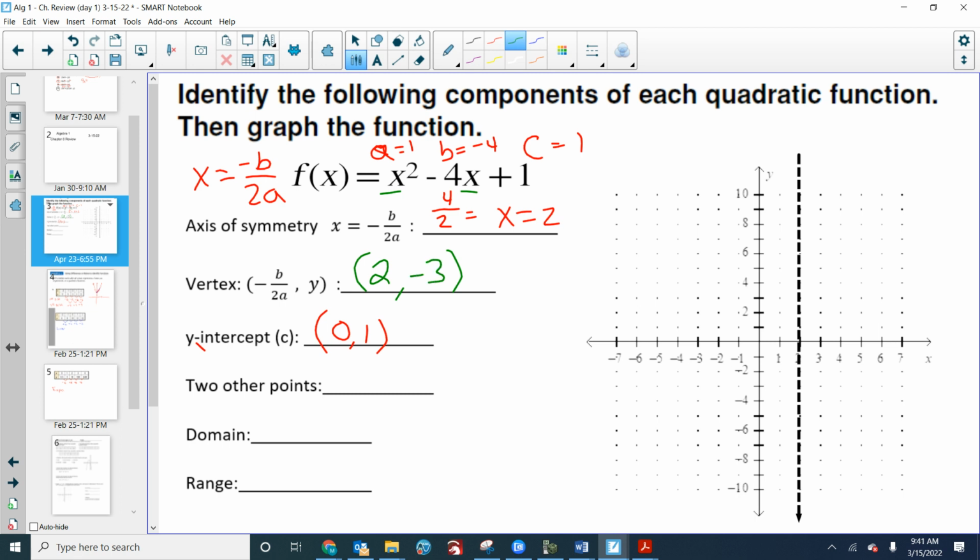Okay. Watch this, because everybody says, I don't know how to get the other points. Everybody good on the axis of symmetry? Is everybody good on the vertex? Plug it in. So (2, -3). And where are we at? (2, -3).